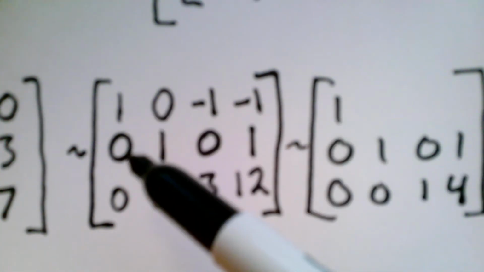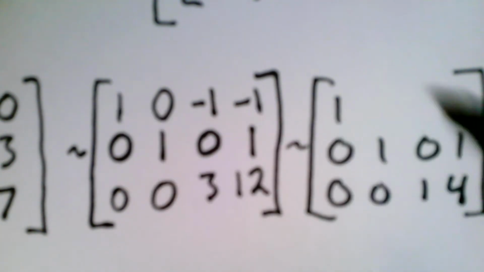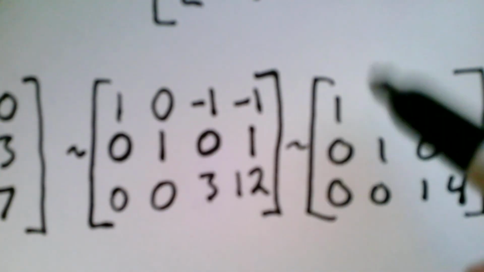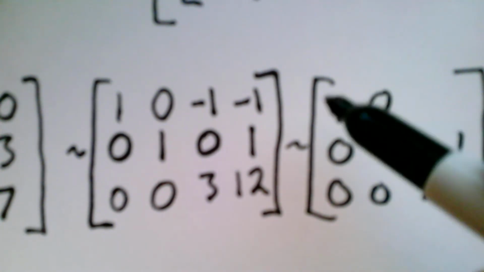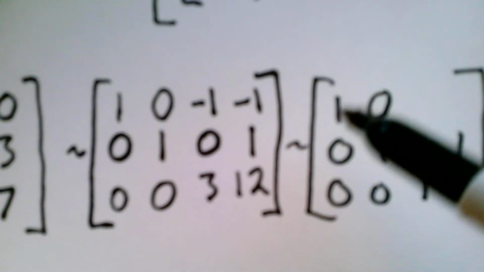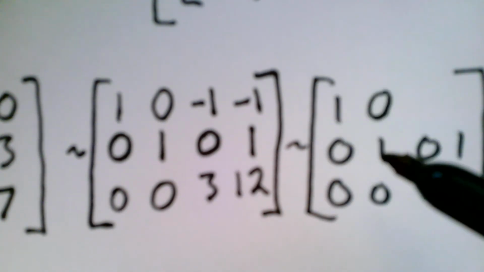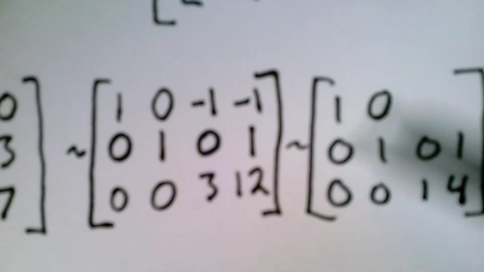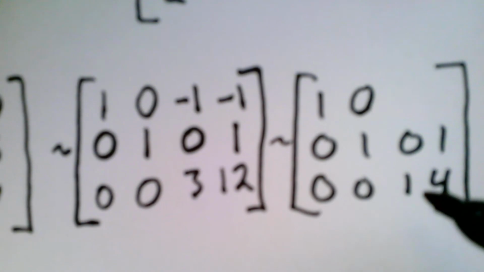There's no way that I can add a 0 to 1 and change the 1, or this 0 to 1 and change the 1. So these two will not change anymore, because I have row reduced these two columns, and this is a 1, and this is a 1, and everything else is a 0. There's no way to change those 1s and 0s anymore by adding rows together.